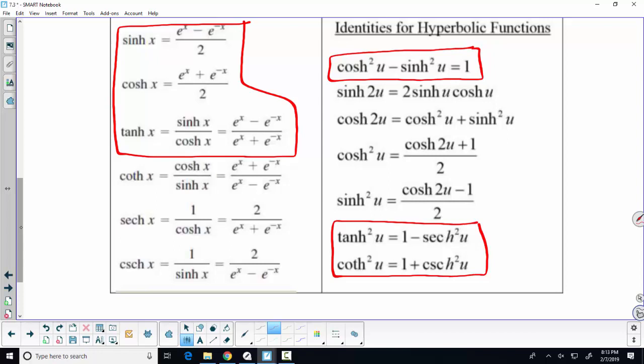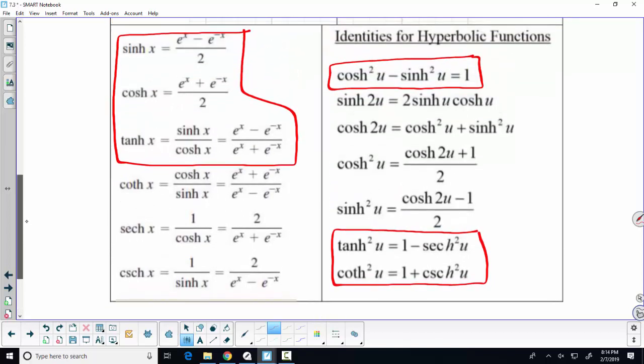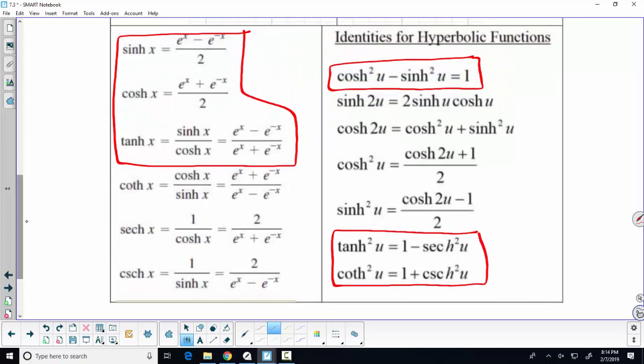I don't want to limit you. I don't want to just say, just know hyperbolic sine, and you forget everything else. That's not doing you any favors. So all the other stuff we won't really deal with. We won't need the other identities nor deal with the cofunctions.